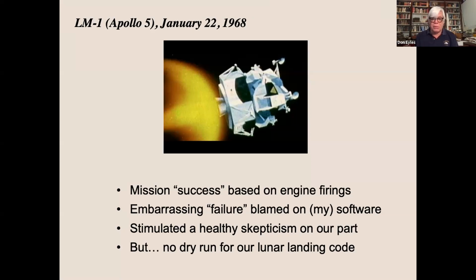That would have to be done by the crew with their engine off switch if it was going to be done. What this meant for Alan Klumpp and me was that there was going to be no dry run for our lunar landing code, because this mission did carry software that would have been a facsimile of the lunar landing. So LM-1, also known as Apollo 5, was sort of an educational experience, shall we say. Next slide.